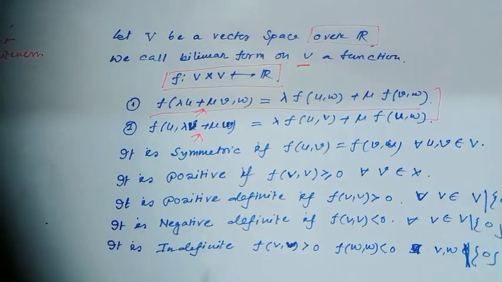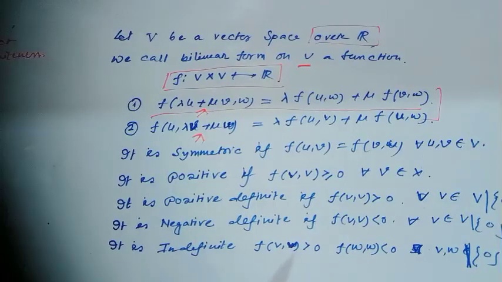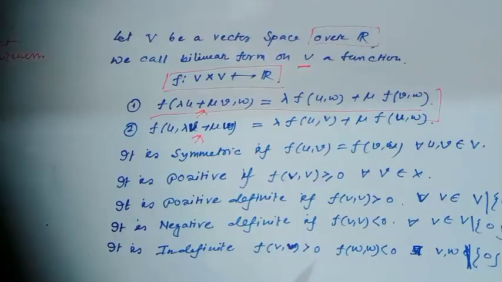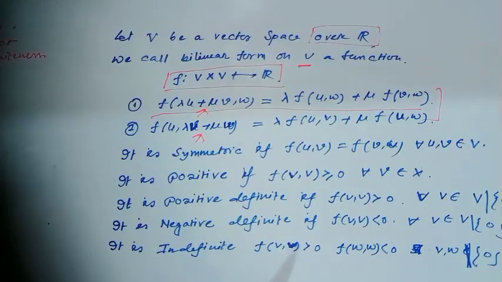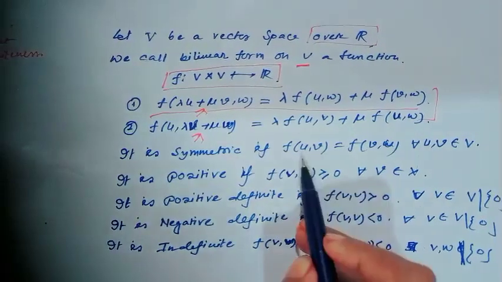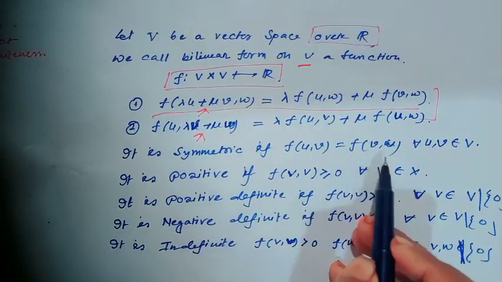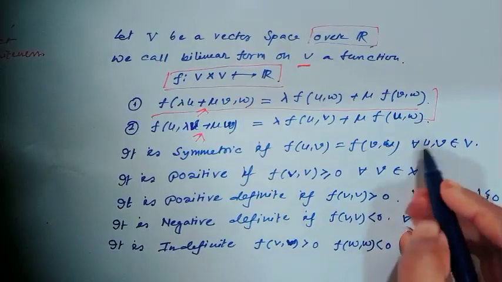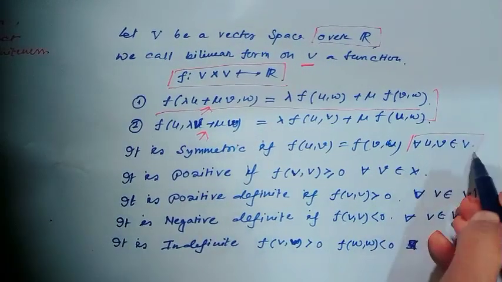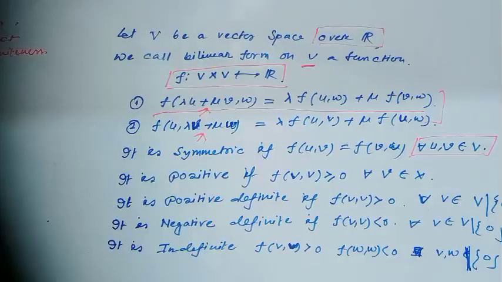That means this is linear with respect to both components. A bilinear form is symmetric if f of u comma v equals f of v comma u, and this is true for all u, v belonging to the vector space.